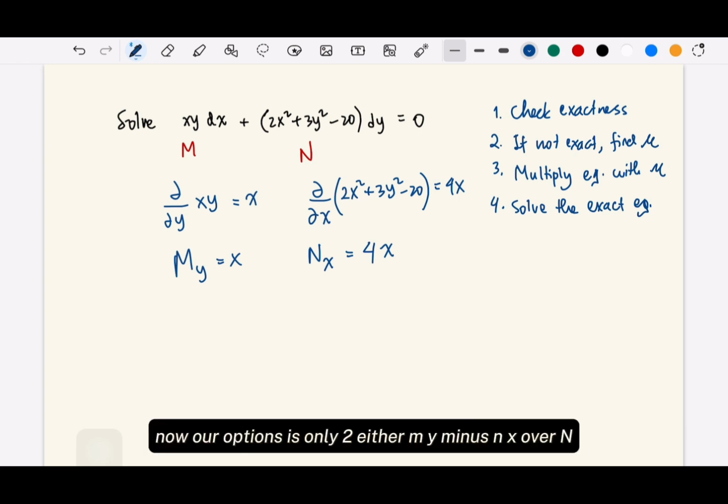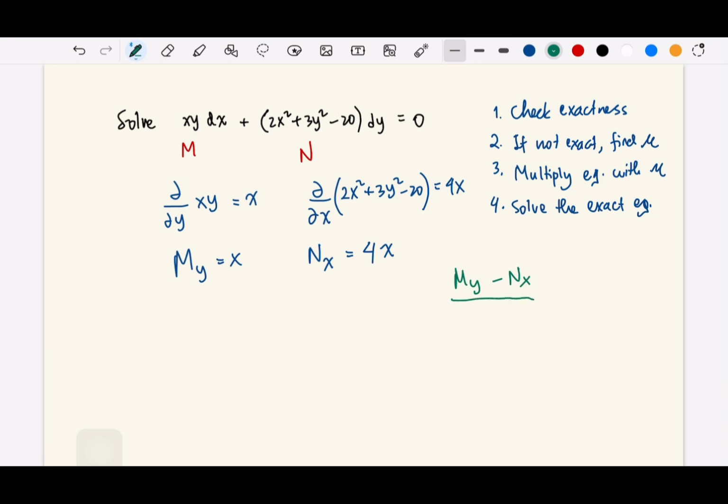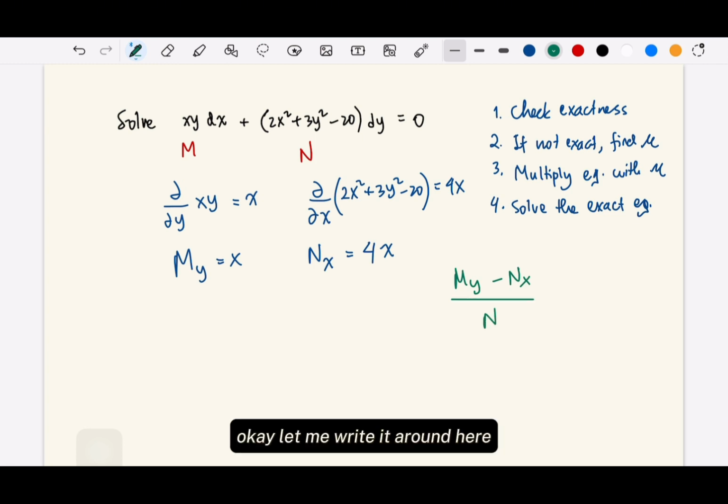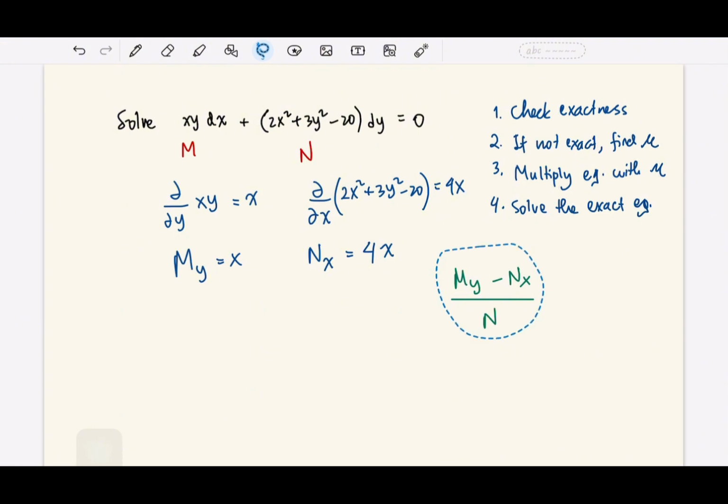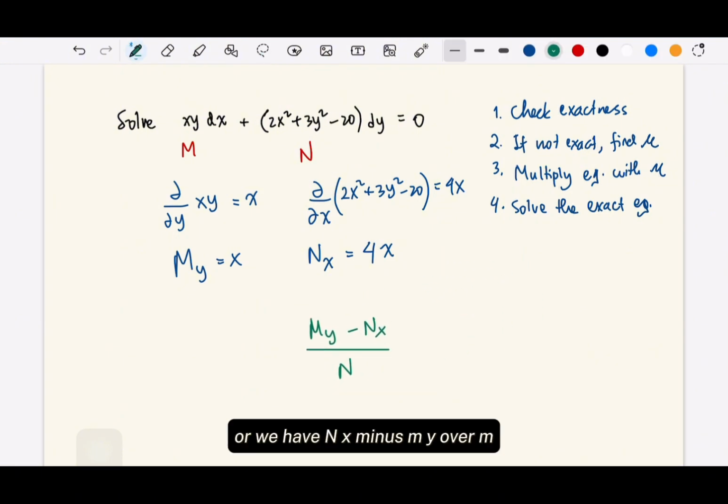Now our options are only two: either (M_y minus N_x) over N, or (N_x minus M_y) over M.